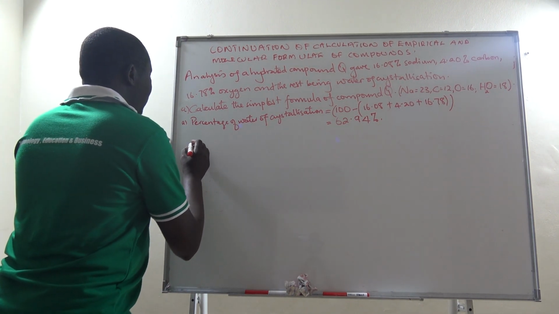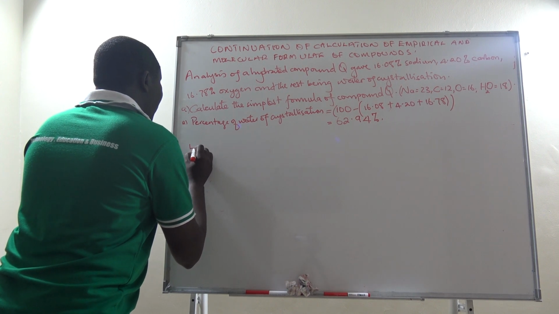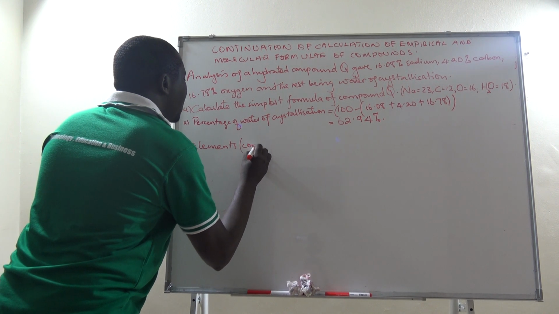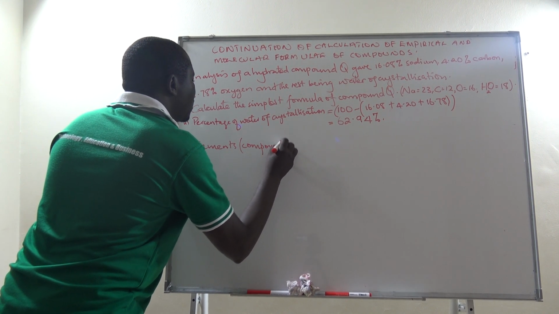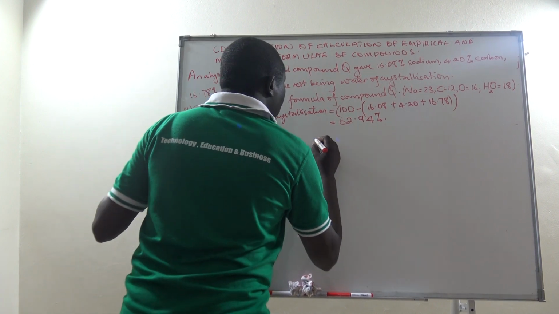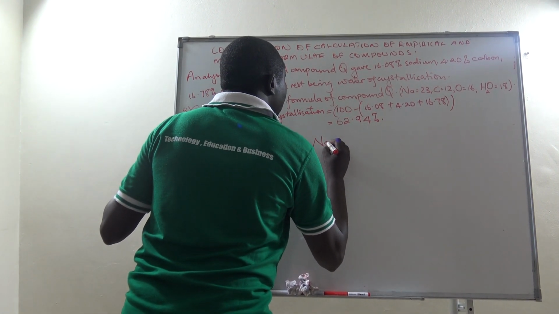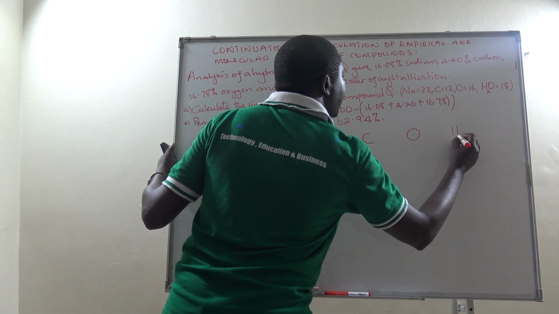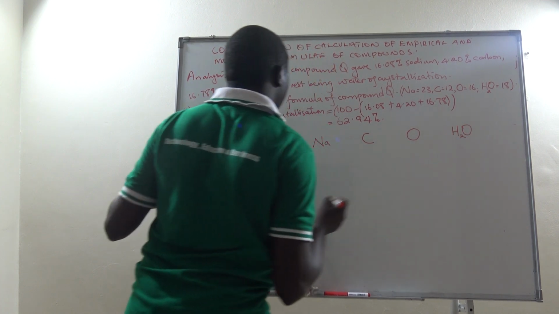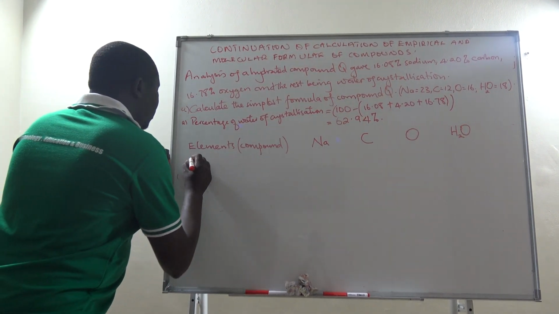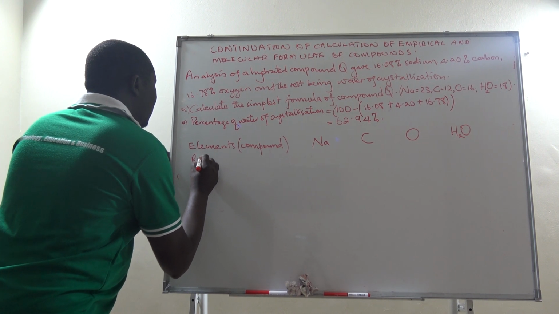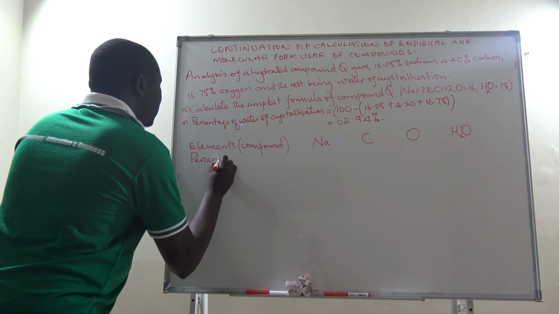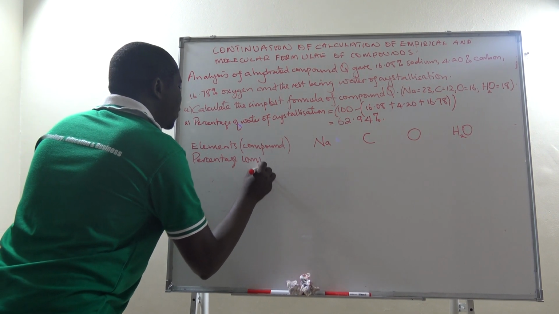So let us calculate the simplest formula. In this case, we are starting with the elements, and also we have a compound, and that is water of crystallization. So we have sodium, we have carbon, we have oxygen, and we have water. That's the water of crystallization. So let's go to the percentage composition of each.